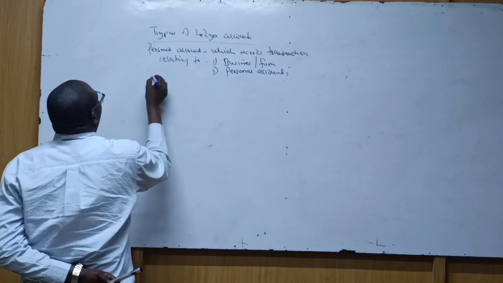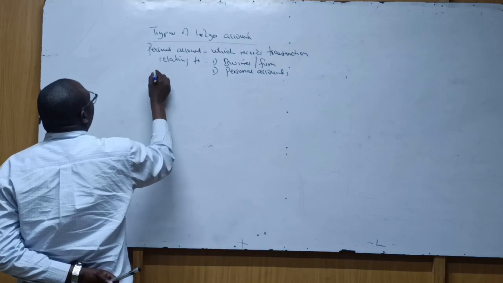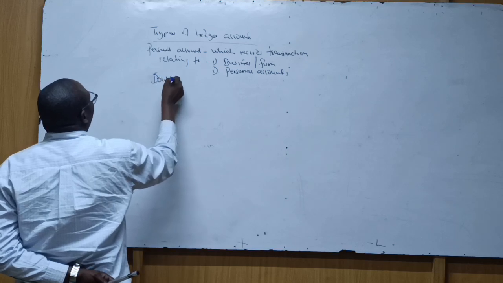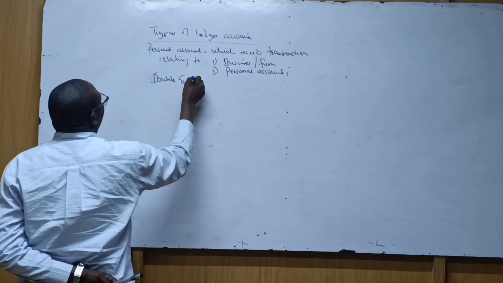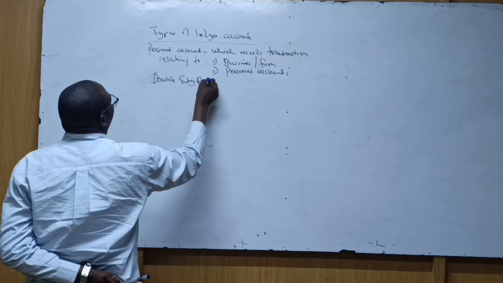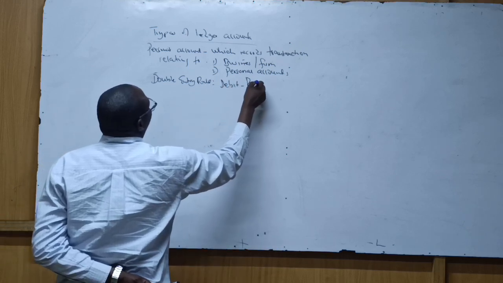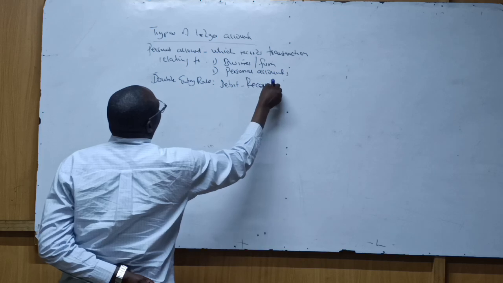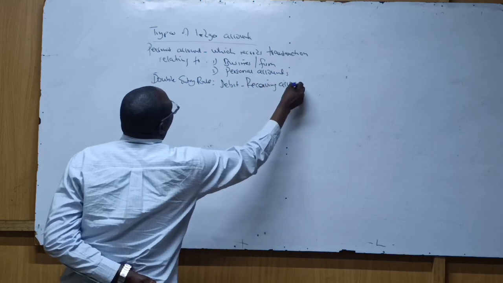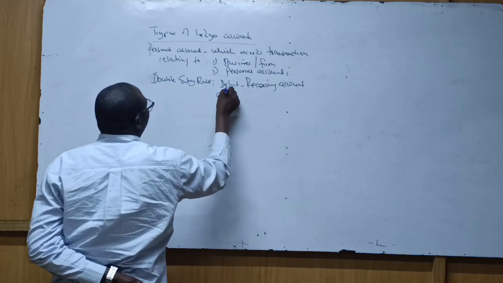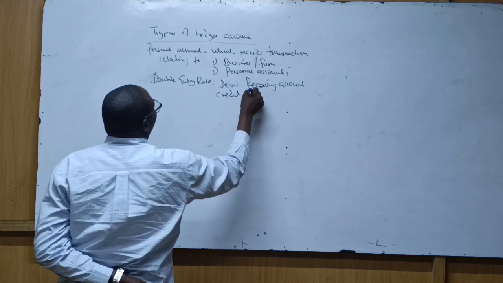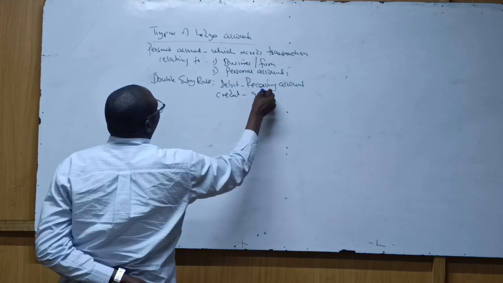The double entry rule for this: debit receiving accounts, credit giving accounts.